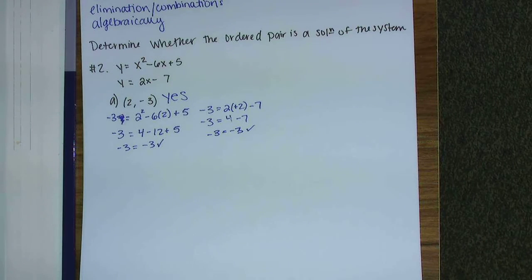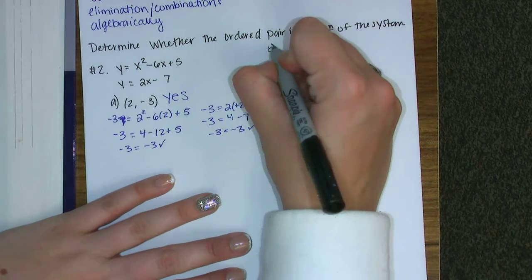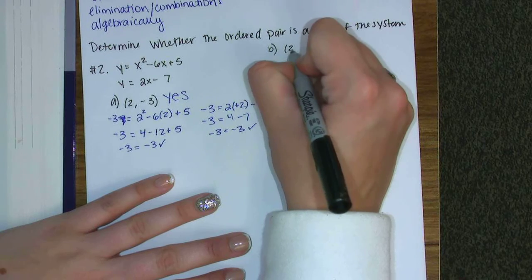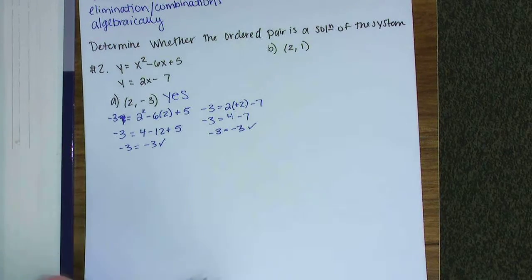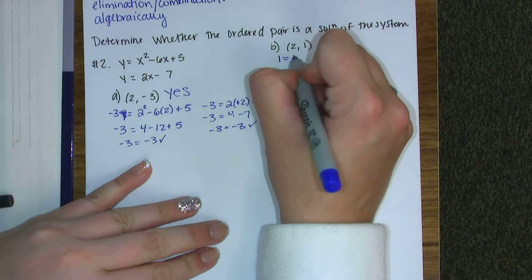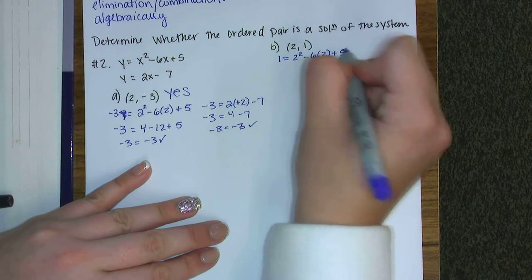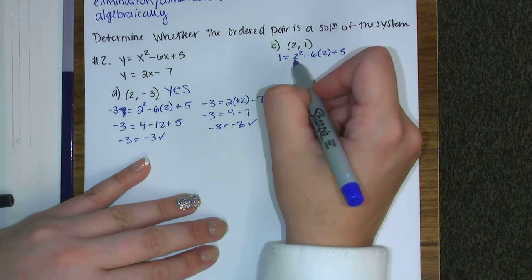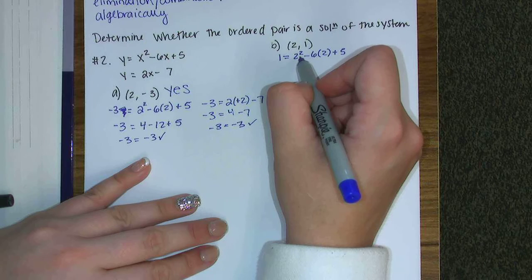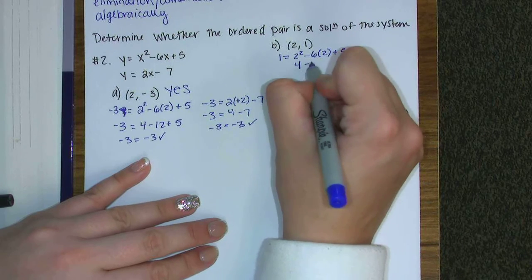So B is 2 and 1. So we're going to do the same thing here. So 1 is equal to 2 squared minus 6 times 2 plus 5. So 2 squared is 4 minus 12 plus 5.